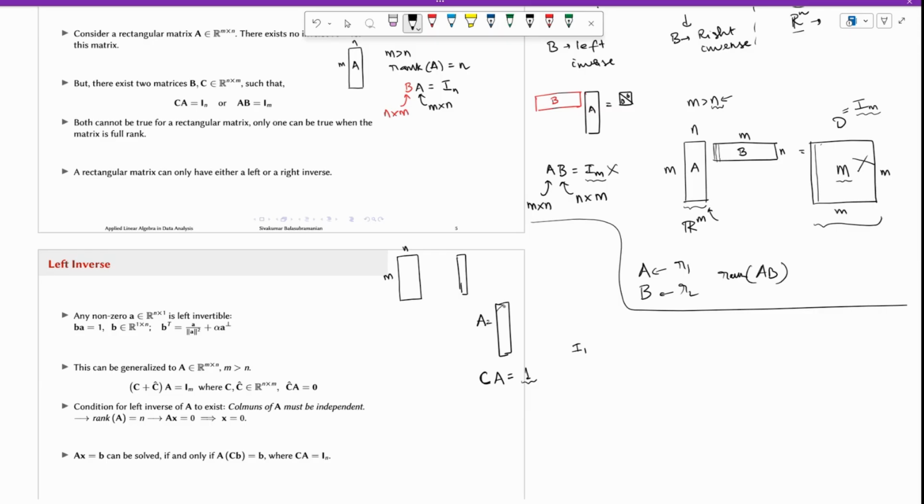So whenever you have a single column, the left inverse is such that when you multiply them, you get 1. And A is M cross 1, so what will be the shape of C? 1 cross M.